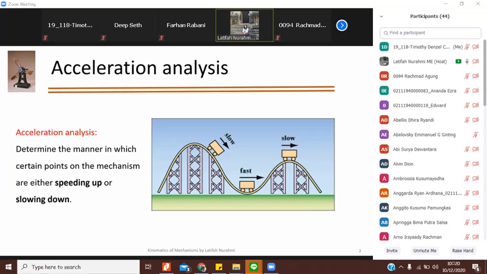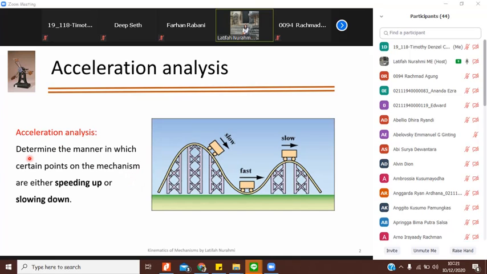Usually, it stops right when you are riding a roller coaster. The carriage will be stopping at the top of the roller coaster. Then it's going down slowly first, then it's going faster when it reaches the bottom, and so on and so on. So now we need to know what is the acceleration.